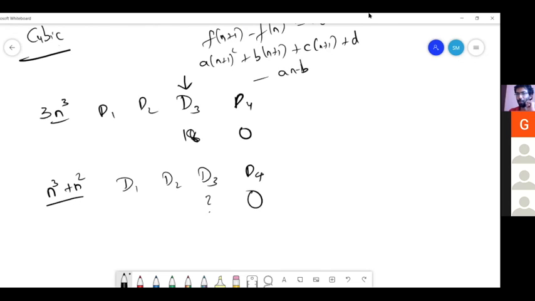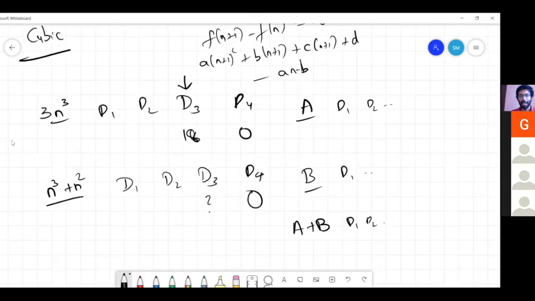Suppose I have a sequence A which is showing certain behavior, and a sequence B which is showing another behavior. Now suppose I have a polynomial a plus b. What will be the behavior of d1, d2 for it?